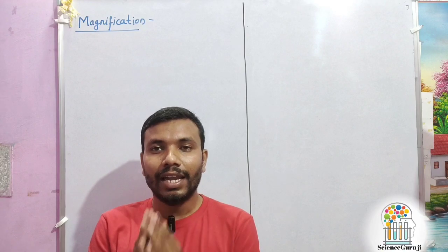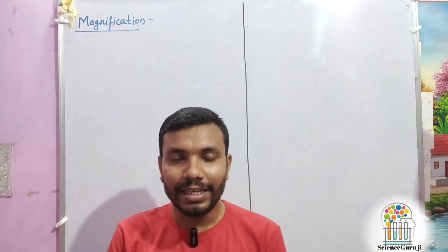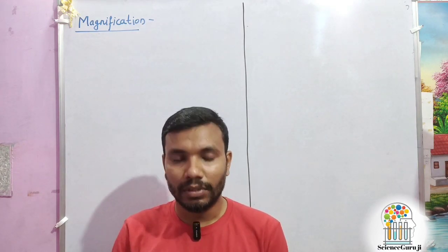Our next topic is magnification. Magnifying glasses, which are found in the lab, are used by spies or some scientists. Those magnifying glasses do the job. So magnification is a phenomenon of the spherical mirror which zooms in the object size. It means it increases the size of the object as compared to its actual size.